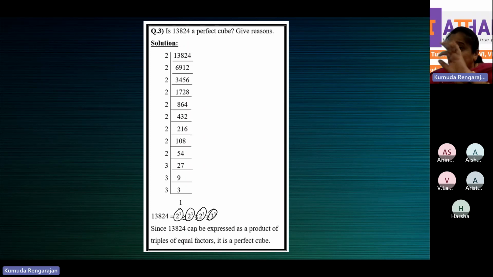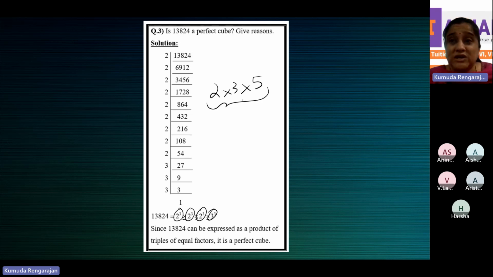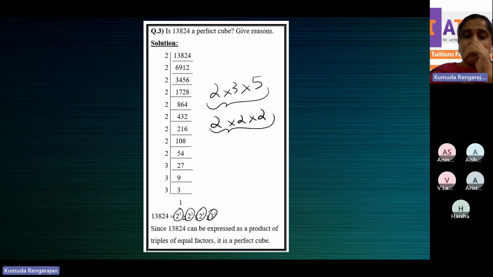Equal factors meaning 3 2's. See, this is also a triple, but this is not a triple of equal factors. This is a triple because there are 3 numbers. But this one is a triple of equal factors, equal prime factors.